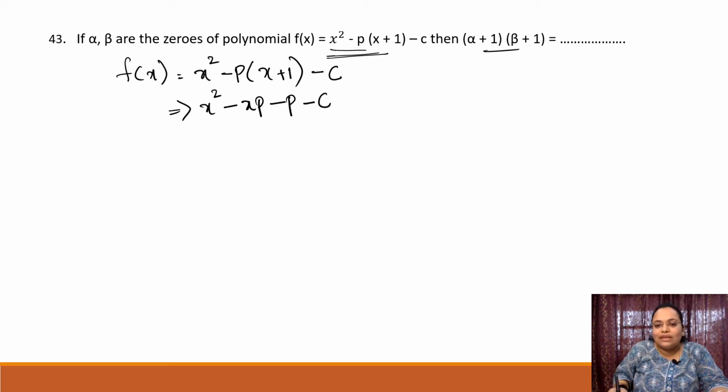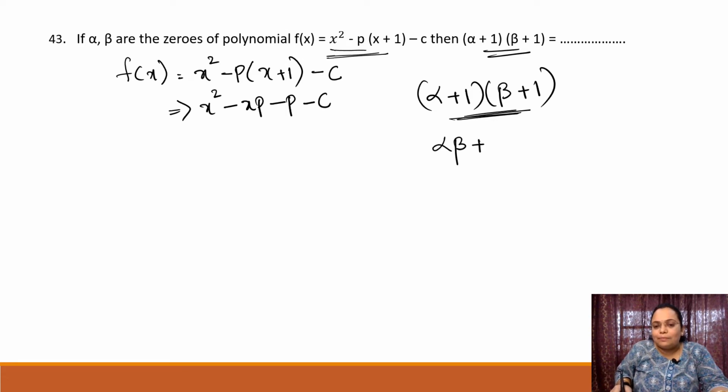So we need to find alpha plus 1 and beta plus 1. Right. So what is alpha plus 1 and beta plus 1? So you need to multiply these two. That is alpha beta plus alpha plus beta plus 1. Okay. Now you need to find alpha beta and alpha plus beta from this f of x and substitute in this.